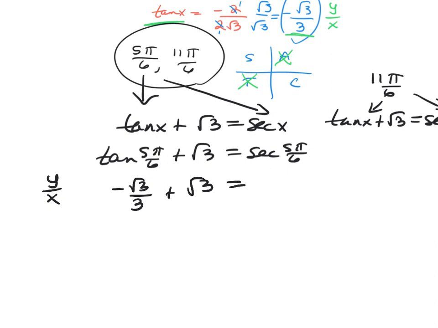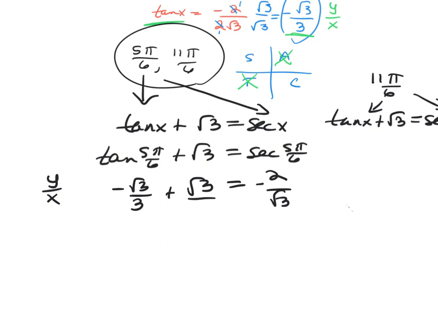Over here, secant of 5 pi over 6, I'm going to flip it to the reciprocal, and you know secant looks at x, so it would normally be root 3 over 2, but I'm going to flip it. So what I'm going to put here is negative 2 over root 3, because again it's in the second quadrant, and I'm looking at cosine. And now I need to simplify this to see if the two sides are equal.